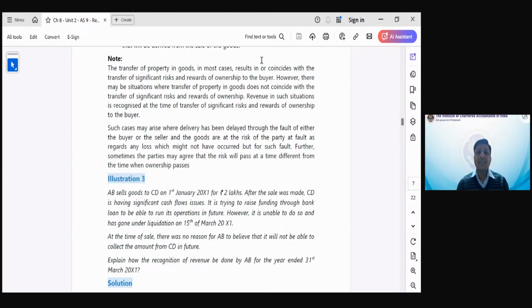Okay, Larry says AB will recognize revenue 2 lakhs and later on create a provision. Pranav says at the time of sale, AB will recognize because the revenue recognition criteria are met. Ankit says recognize revenue on 1st January.